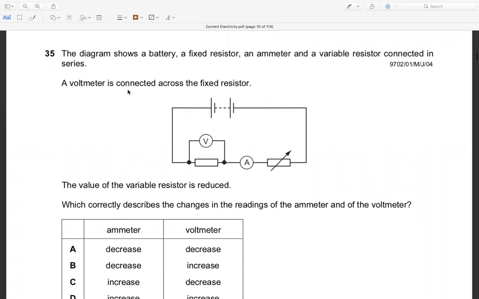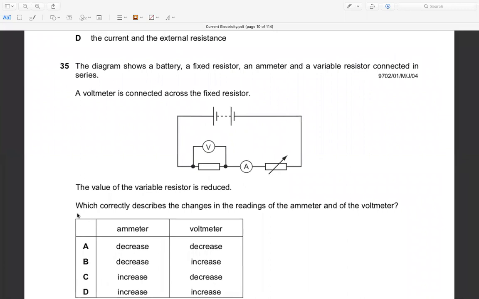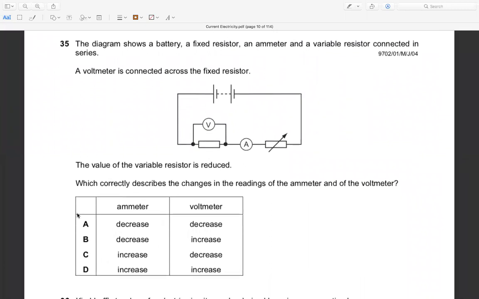A voltmeter is connected across the fixed resistor. The value of the variable resistor is reduced, which correctly describes the change in reading of the ammeter and the voltmeter.